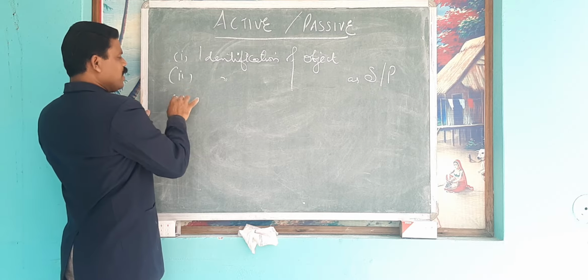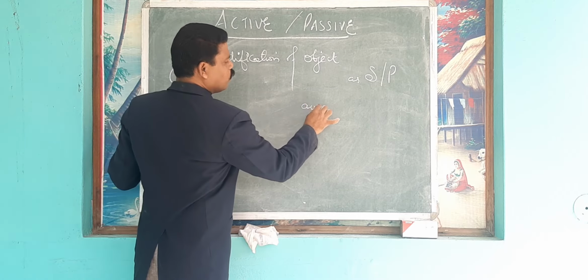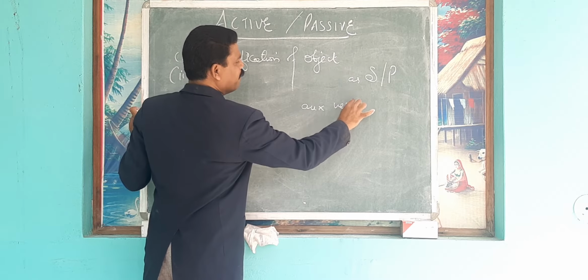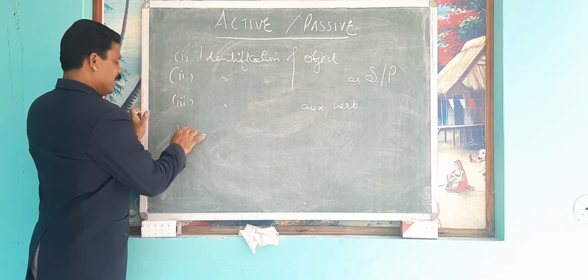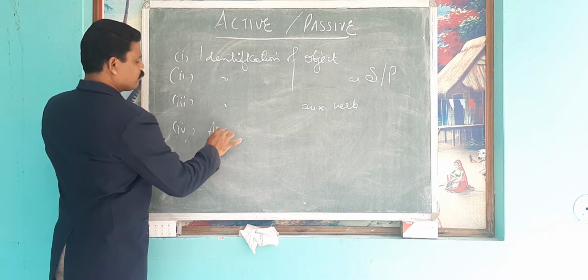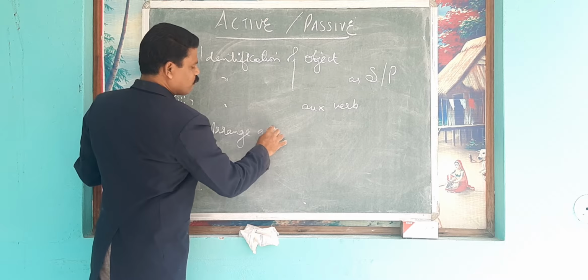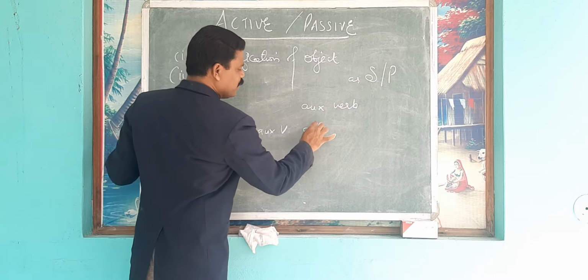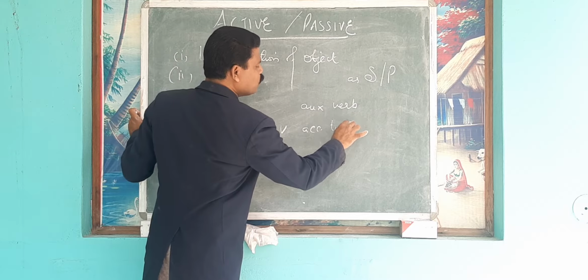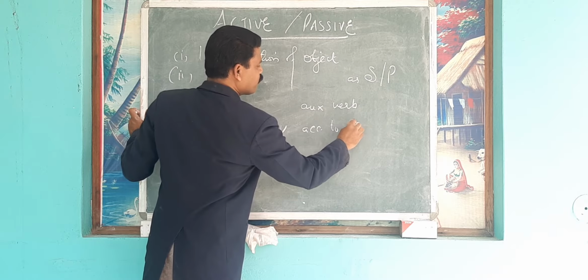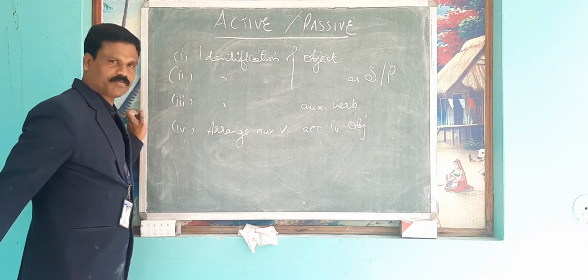Number 3, identification of auxiliary verb. And number 4, arrange auxiliary verb according to object.